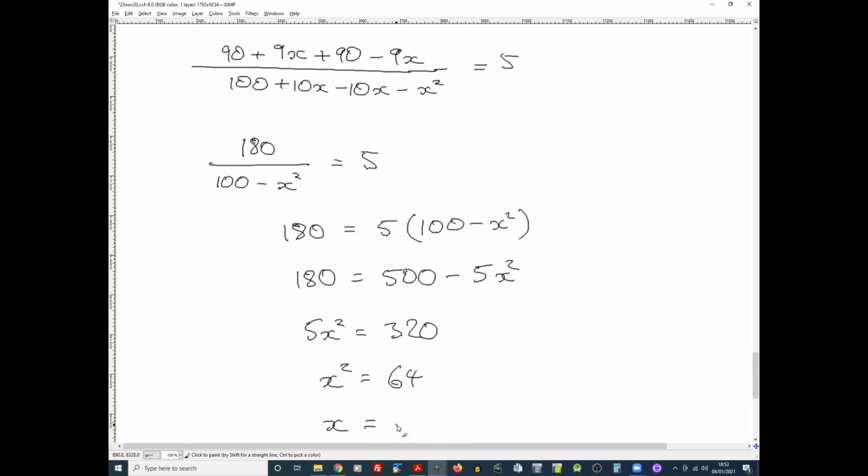What other number squares to make 64? 8 is one number that multiplies by itself to give you 64. What other number multiplies by itself to give you 64? 32? No, it doesn't. That doubles to make 64. That's different. That's just multiplying by 2.